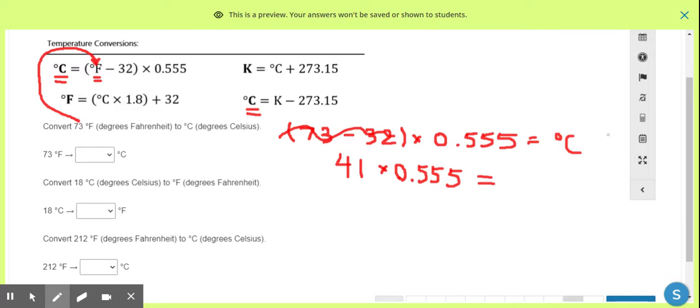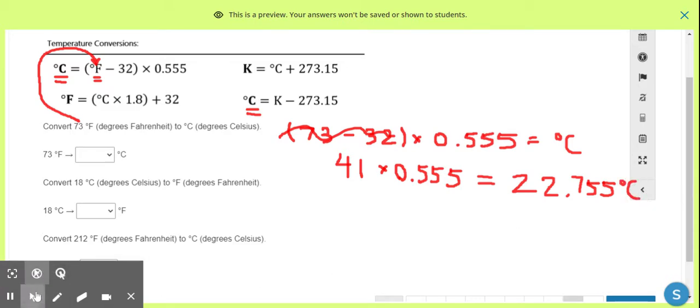So 41 times 0.555 gives me about 22.755 on my calculator. Okay, and that is now in degrees Celsius.